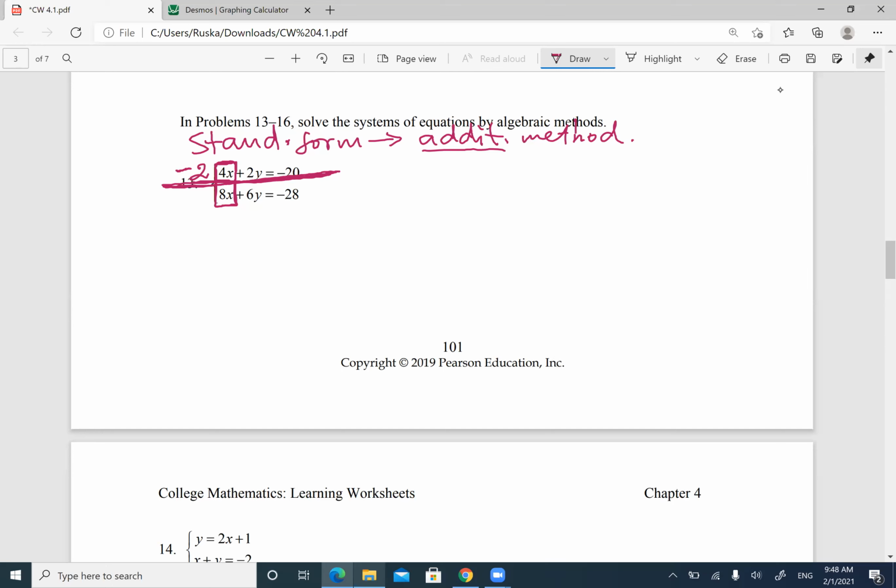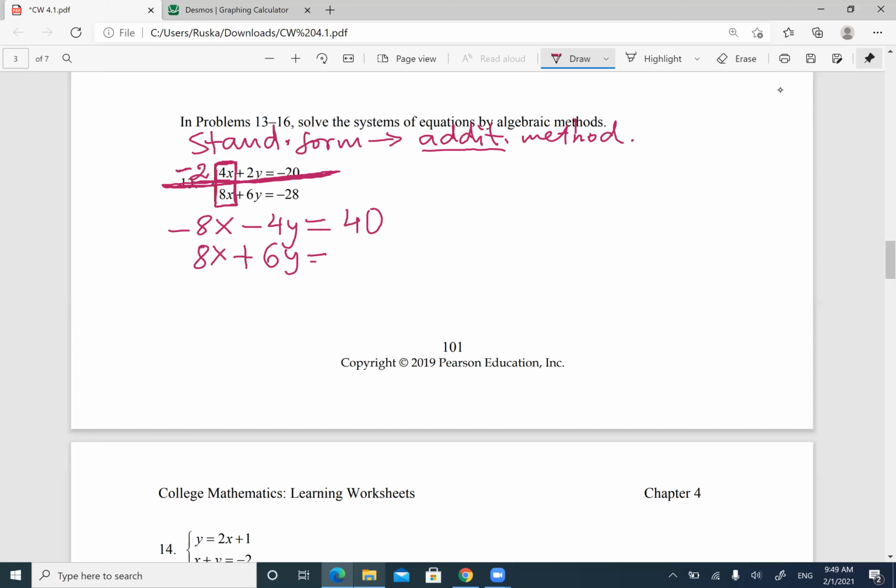I have -2 times 4x, which is -8x. -2 times -2y is going to be -4y, equals, I'm multiplying both sides, so -2 times -20 is +40. So you multiply the whole first equation by -2. Then the second equation, you're just going to copy that. You don't do anything with the second one.